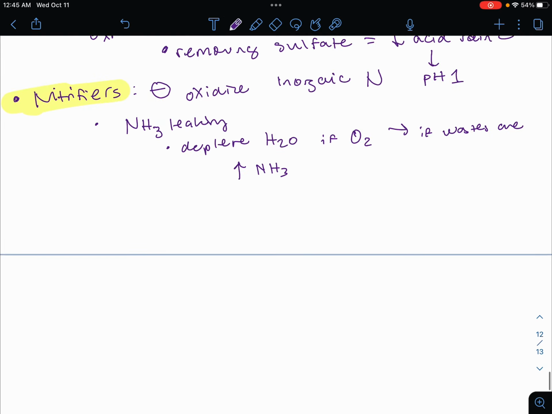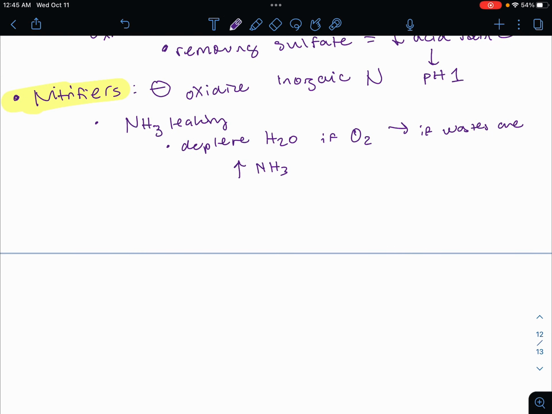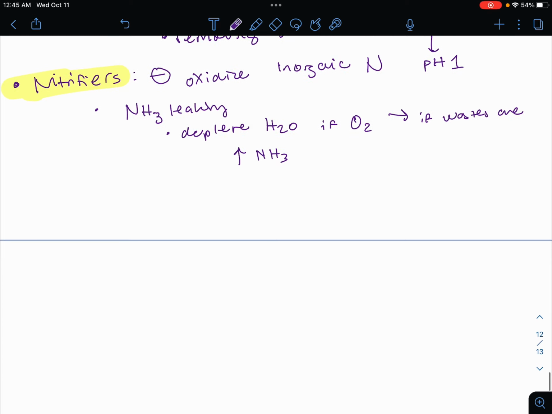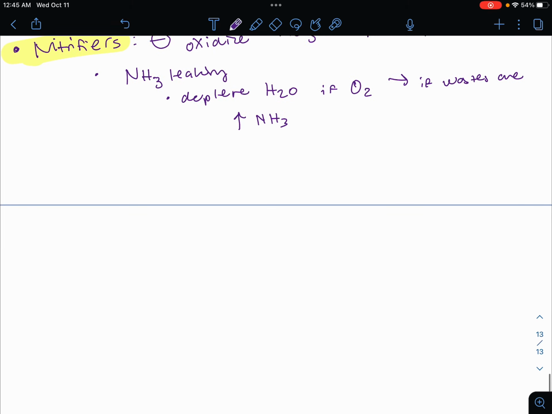Two groups, so they usually grow in close association here. We have these working in tandem. So we have this first group, the ammonium oxidizers. So these are like Nitrosomonas. That's just an example of one.